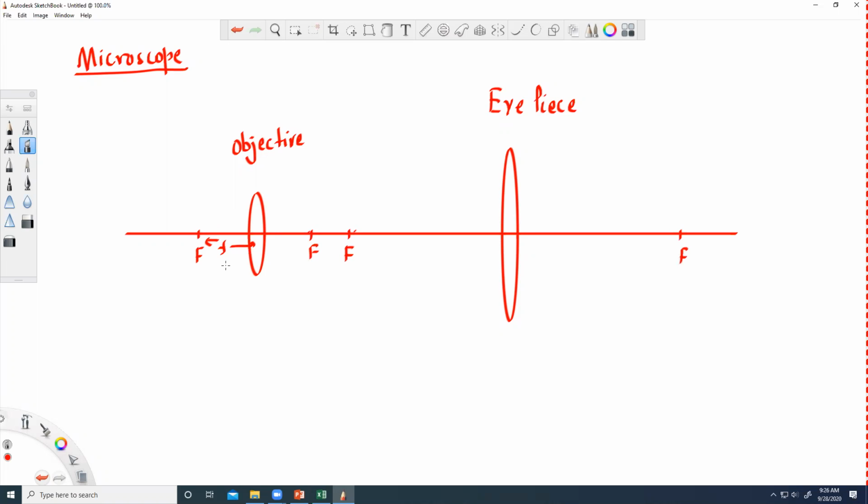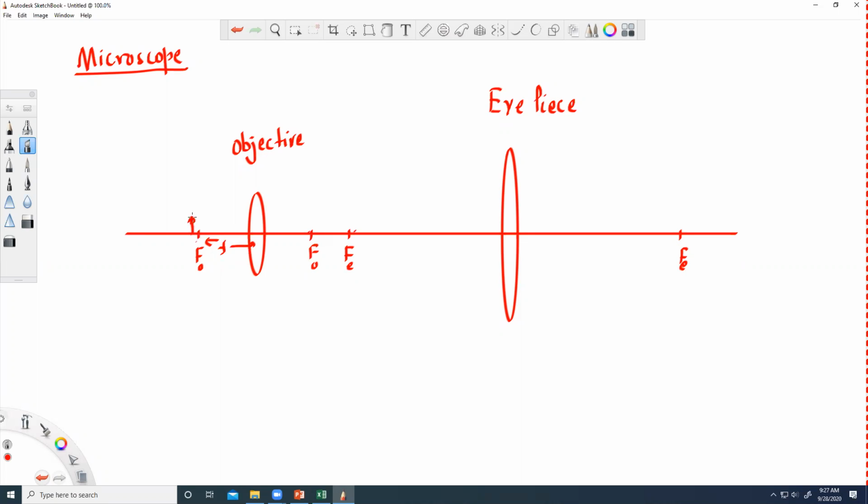Now, because we have two lenses, we need to differentiate the focal lengths or focal points. So this is the focal point of the objective, which we write as f sub O. This is f sub E. Now, usually in a microscope, smaller objects are placed near the focal point, somewhere here.